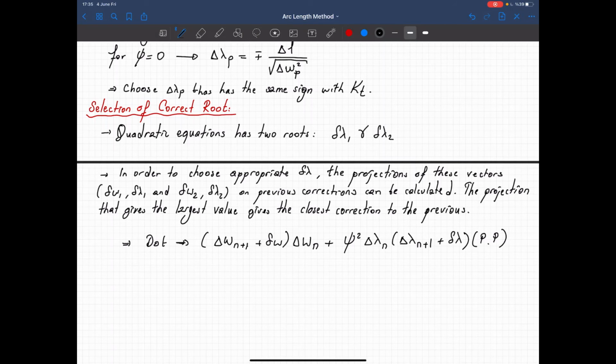So that's the dot product. We calculated it for these two couples. Whichever gives us the largest value will be the closest correction to the previous case.